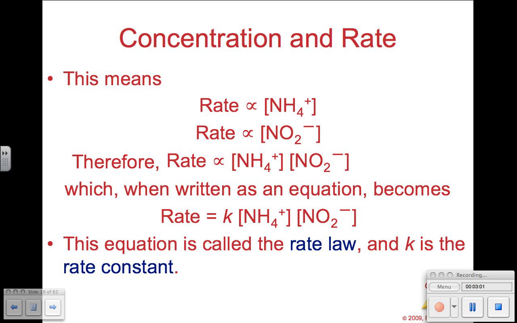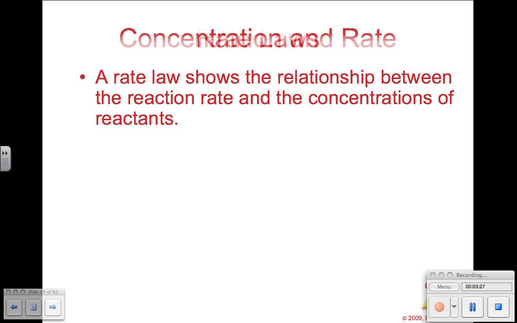So the starting materials have an impact, but it is at what is called the first order, and we'll get to that a little bit later. But I just want to put that in your brain as a concept that we'll look at later on. So this equation is what's called the rate law, and k is the rate constant, and that would have to be calculated or known or given or something that you find experimentally to then utilize later on.